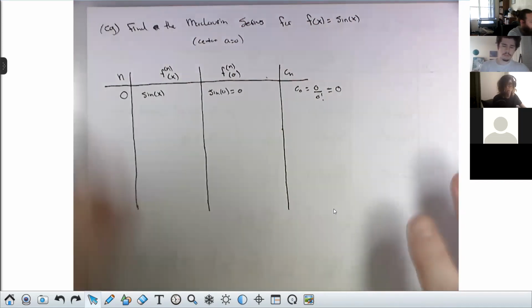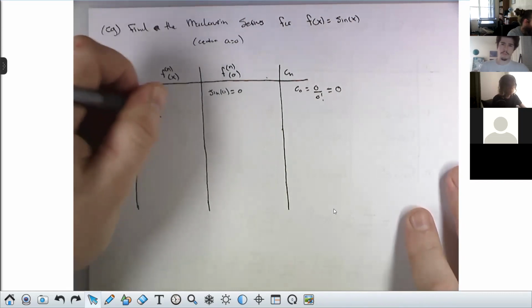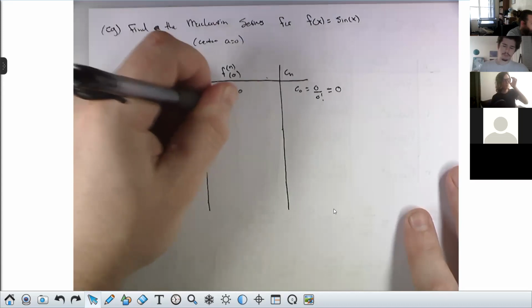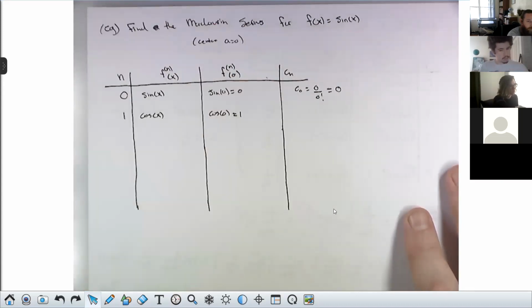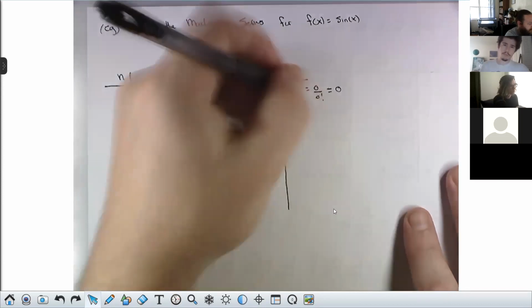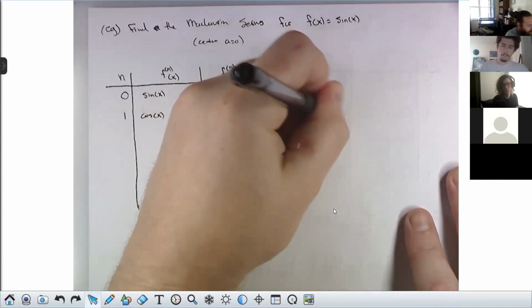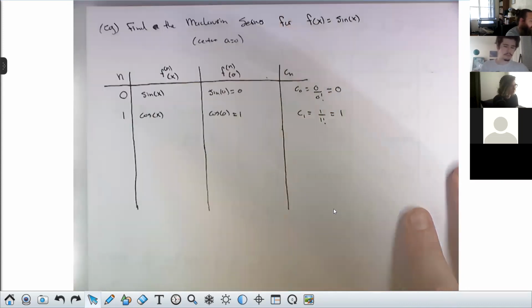If I differentiate once, sine x will become cos x. If I plug 0 into that, I get the cosine of 0, which is 1. So C1 is 1 divided by 1 factorial, which is 1.